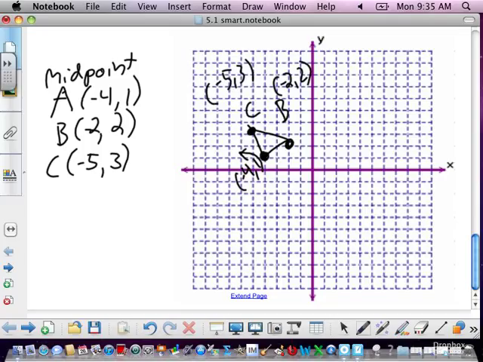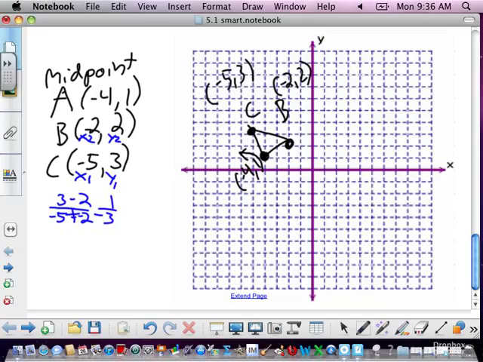So if we're looking at slope C to B, let's look at that, C to B. x1, y1, x2, y2. We know it is 3 minus 2 over negative 5 minus negative 2. 3 minus 2 is 1, negative 5 plus 2 is negative 3. 1 over negative 3. So this is where it gets weird. What coordinate is opposite the side CB?